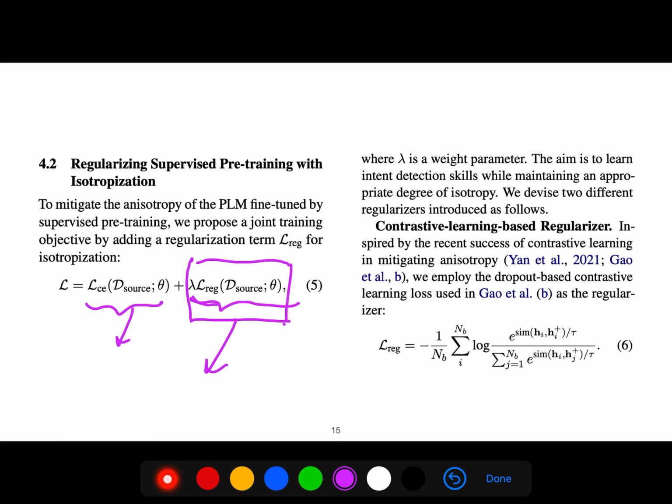This regularizer that I'm talking about can be defined here if you just use a dropout contrastive loss. That's why I always say contrastive learning is very important for isotropization, to fight anisotropy.